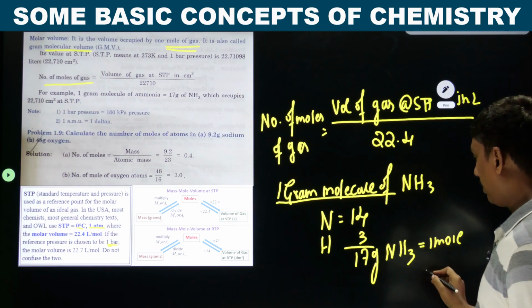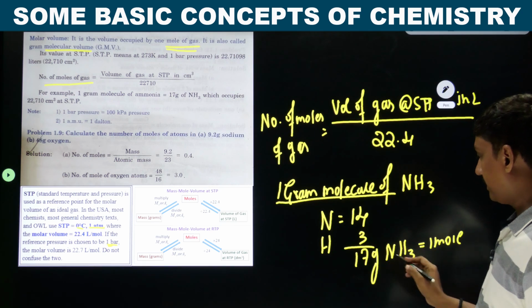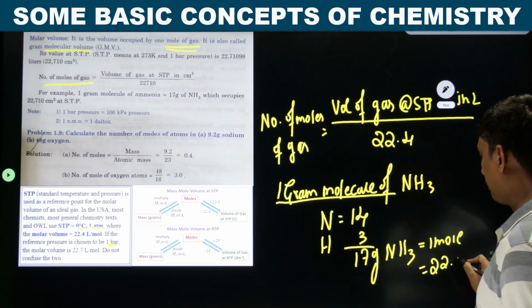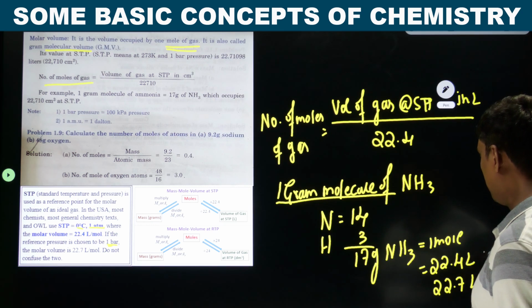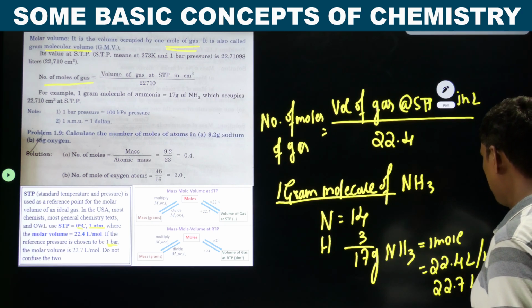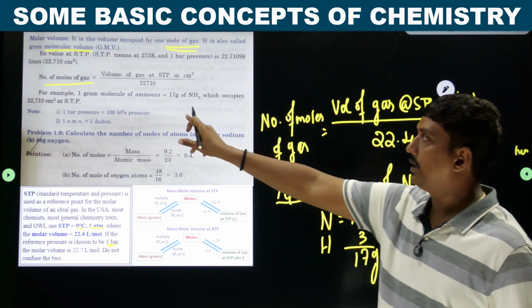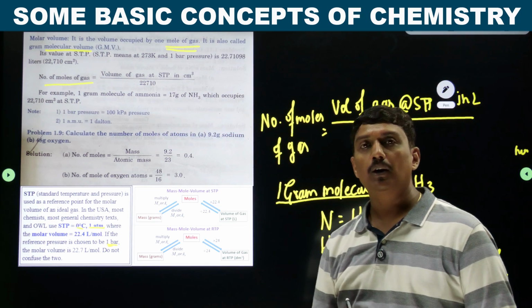What is the volume? 1 mole of a gas at STP is 22.4 liters or 22,400 centimeter cube or 22.7 liters per mole. This is the meaning of 17 grams of ammonia.